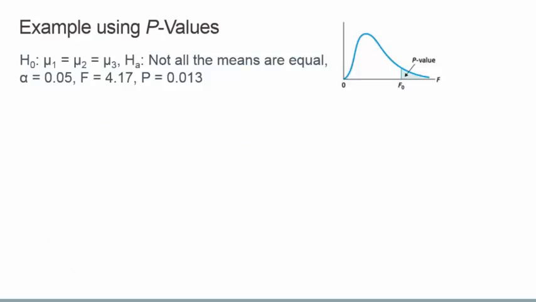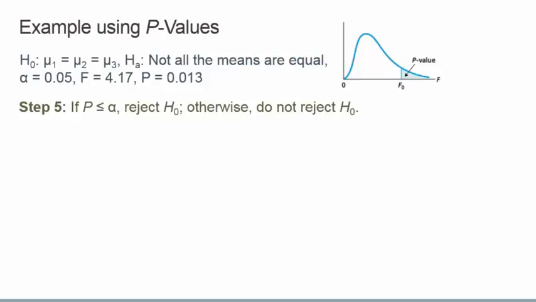Continuing with our example, step 5. If p is less than or equal to alpha, reject h sub 0. Otherwise, do not reject h sub 0. Since p is 0.013 and alpha is 0.05, 0.013 is less than or equal to 0.05.